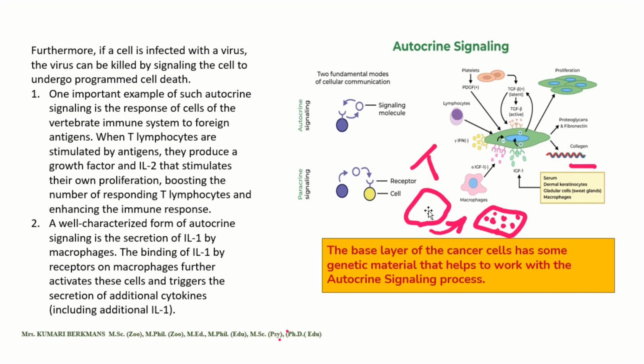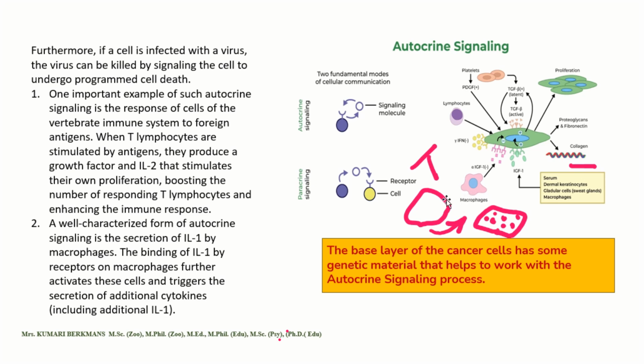This is not only in the liver. If any bacteria enters the body of any organism, or in a human body, the T lymphocytes will be produced in more amount to kill the bacteria. This also takes place in macrophages. The production of macrophages will be more by autocrine signaling.